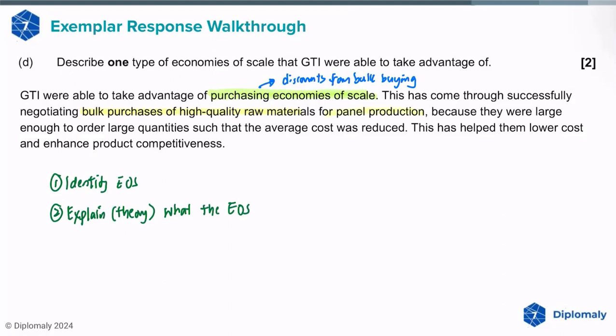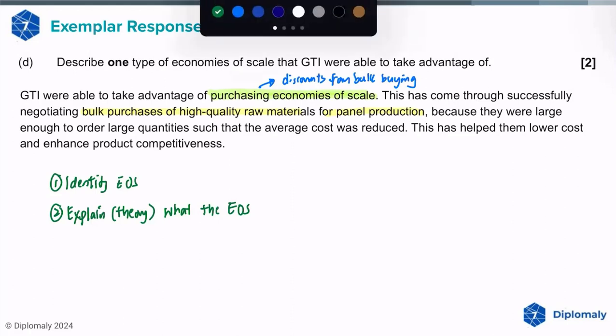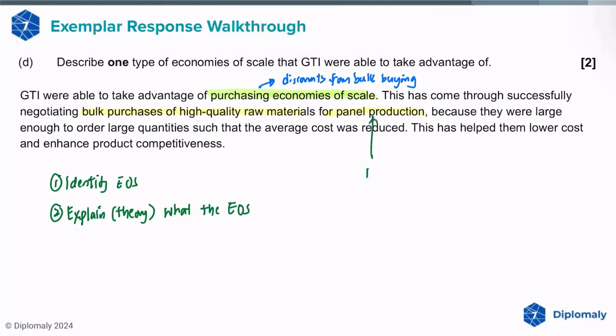So what you see here is in the second sentence, application is already being shown because the response here links the purchase of these raw materials, and you're talking about it buying in bulk and for the purpose of panel production. So this part is obviously talking about the types of products produced, okay?